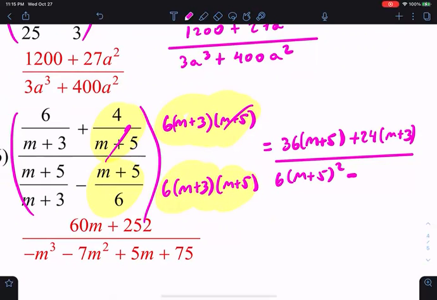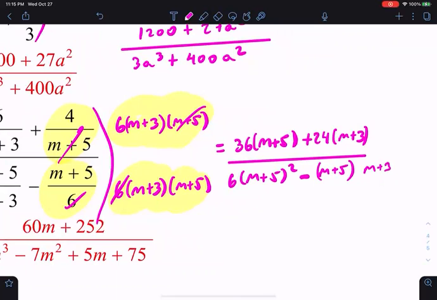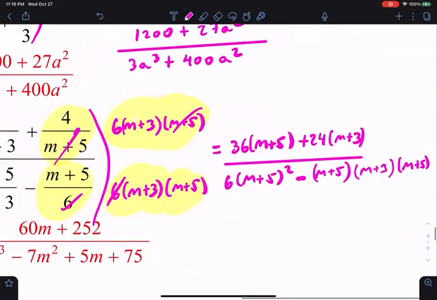So this is going to be minus, well, this cancels with this, right? So you get m plus 5 times m plus 3, m plus 5, and actually this is m plus 5 to the second power, m plus 3.